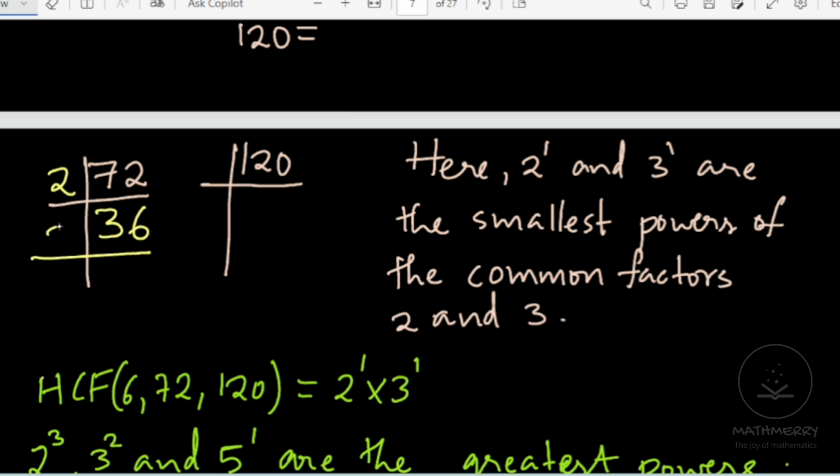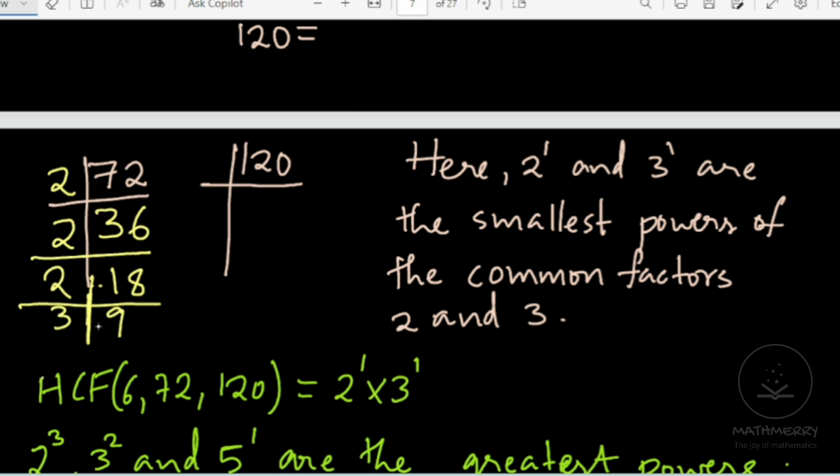Now 36 divided by 2 is 18. 18 divided by 2 is 9.